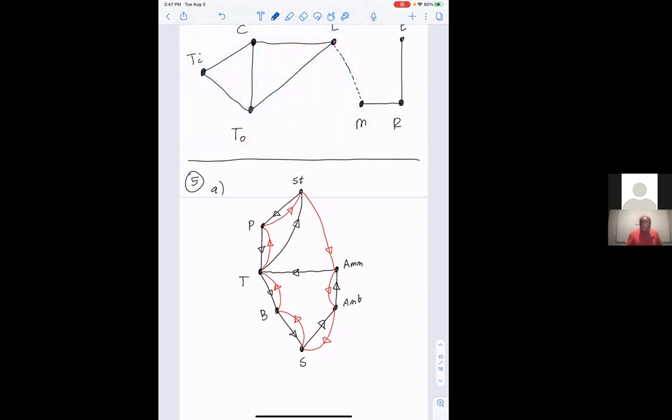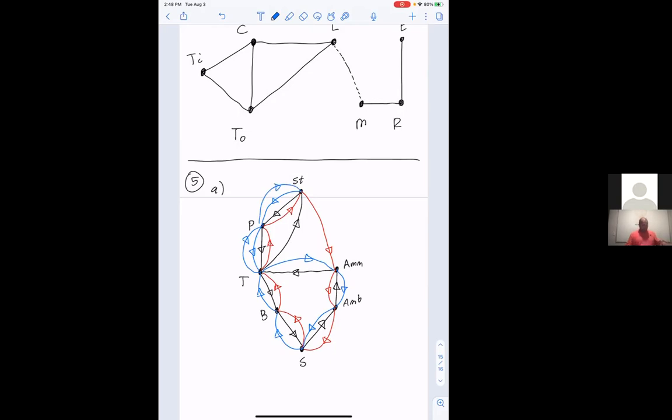And finally, Starnberg goes to Polsenhofen, which goes to Tutzing, which goes to Ammerland, which goes to Ambach, which goes to Seeshopt, which goes to Bernried, which goes to Tutzing, which goes to Polsenhofen, which then goes to Starnberg.